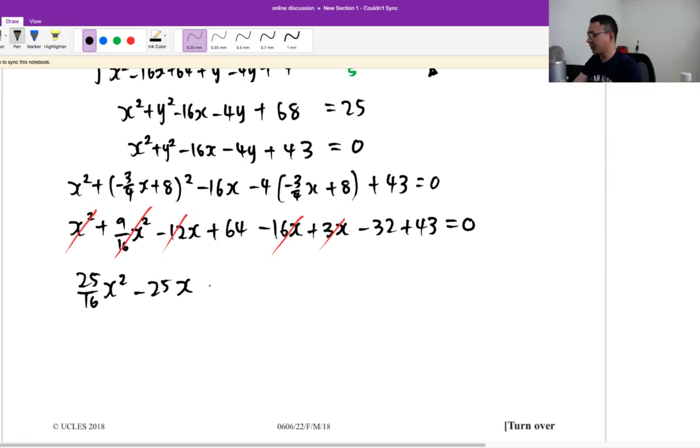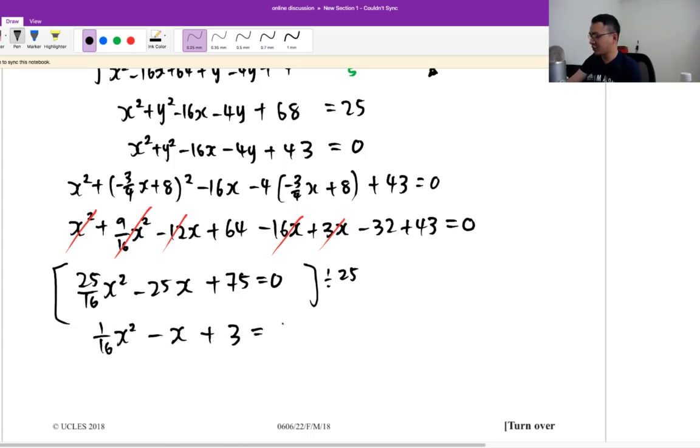And then I solve all the numbers, which is 64 minus 32 plus 43. So yeah, you got a plus 75 here. And then I'm trying to divide by 25 to make the equation look simple. So you get 1 over 16 x squared minus x plus 3 equals 0.